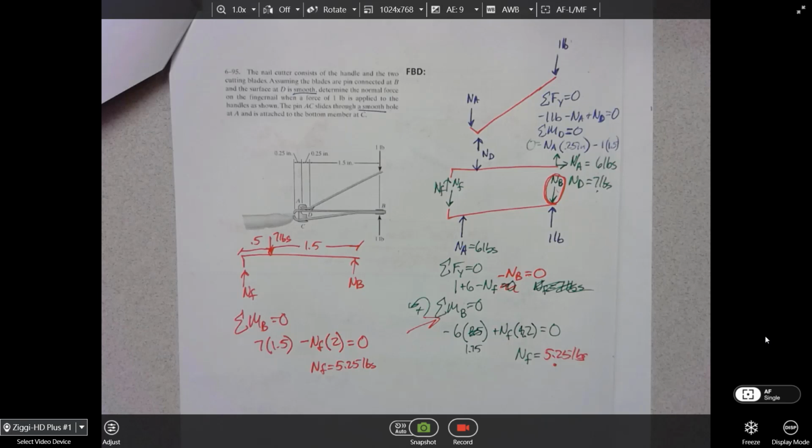This distance is 0.5 and this distance is 1.5. If I sum the moments about B in this one, I'll have 7 times 1.5 minus the normal of the finger times 2 equals 0. You solve that one, do you also get 5 1/4? Yeah.